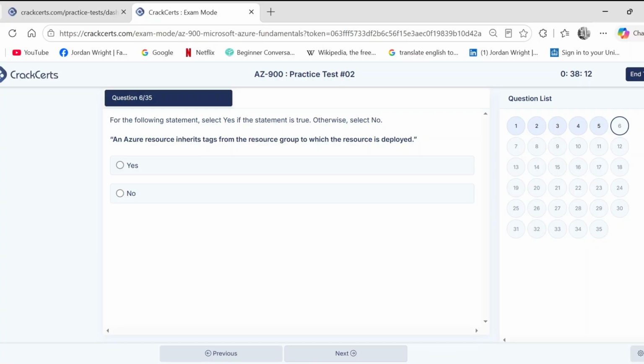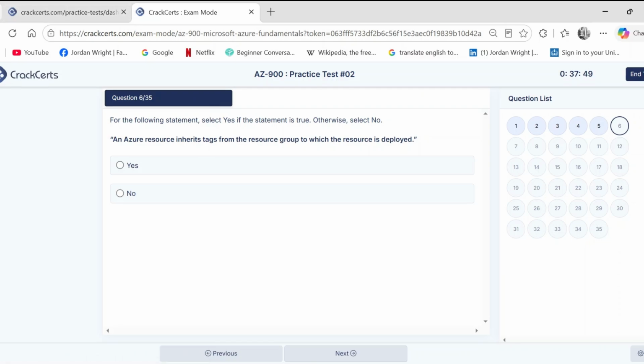Right, I will remember: inheritance is for locks, not for tags. Doesn't inherit. It is the Azure Policy, isn't it? You can inherit tags using Azure Policy. Tags are unique names, unique IDs.